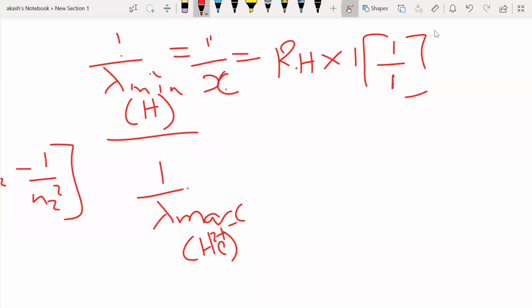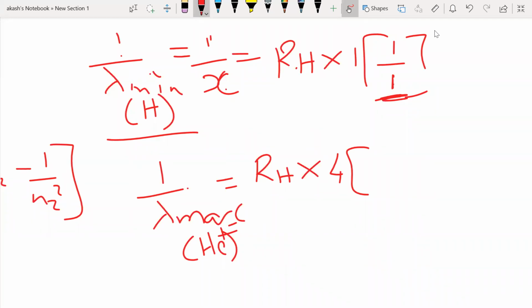Obviously helium plus, not 2 plus. Okay, now that would be, I don't know whatever the value is, RH. Now Z for helium is 2, so it is going to become 2 squared RH, Z squared will become 4, into 1 by n1 squared minus 1 by n2 squared. Now one more thing I have to remember. This is for Lyman series, that's why I had put the n1 value as 1, right?